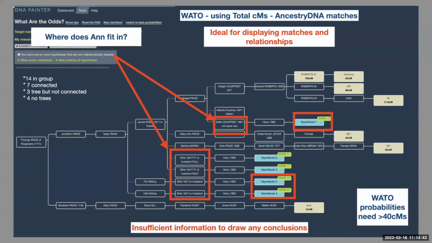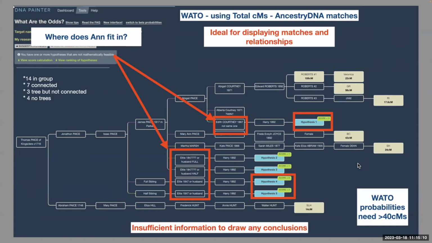So this is just a quick example of a chart that I put together for trying to work out where this match Anne fitted, and she matched my mum at 108 centimorgans. And I came up with a few hypotheses, but as you can see on this chart, they're all pretty small matches. And so Watto doesn't really work for probabilities that low, or for shared centimorgans that low.